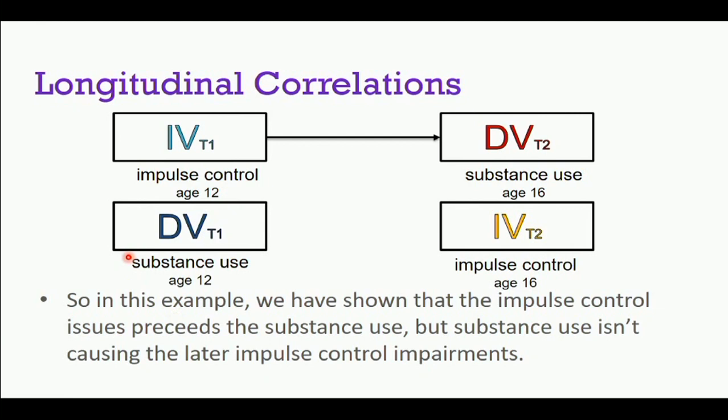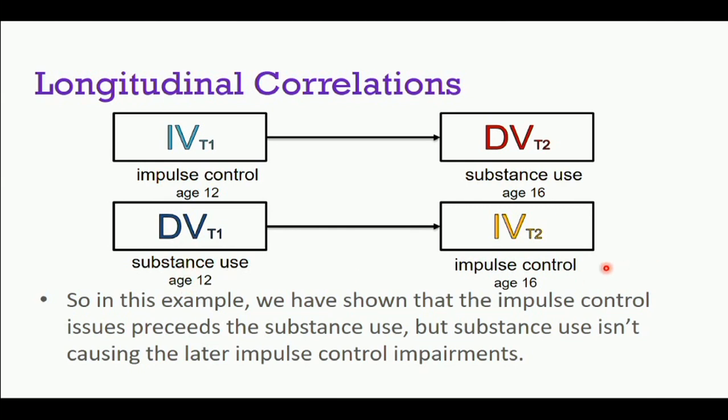And the reason is, at time 1, at age 12, we want to rule out the possibility that they were already hooked on drugs or paint thinners or alcohol or whatever their drug of abuse is. And we find that there is a correlation between their substance use and impulse control.